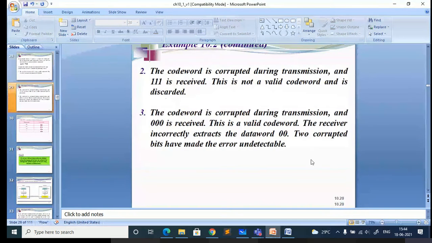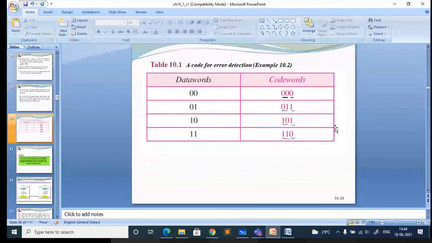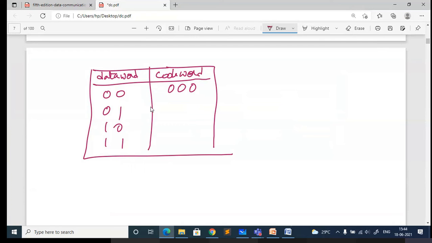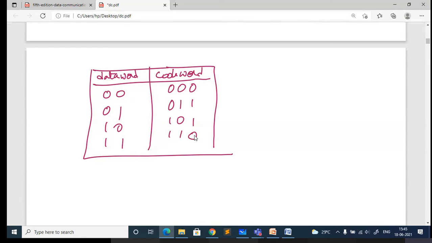You can use the XOR operation to find out what extra bit is to be added. I will explain how I added that one extra bit.